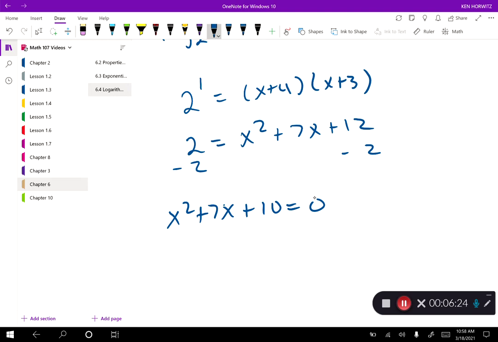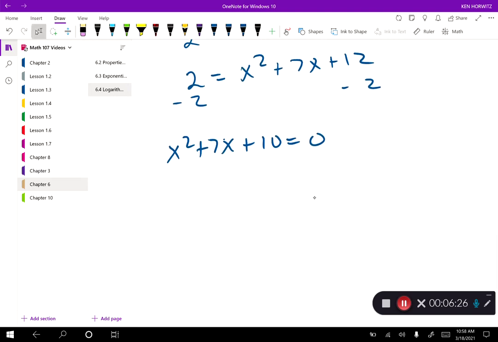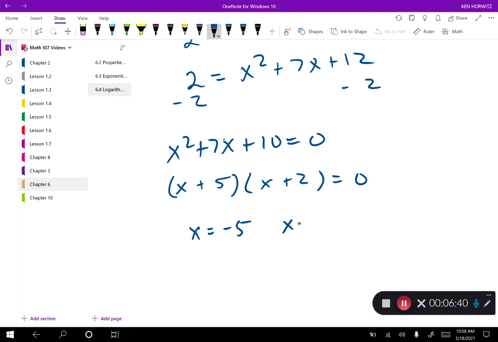And now I got to figure out how to solve from here. Well, I'm going to factor it. That's plus 5, plus 2. And I get x equals negative 5 and x equals negative 2.